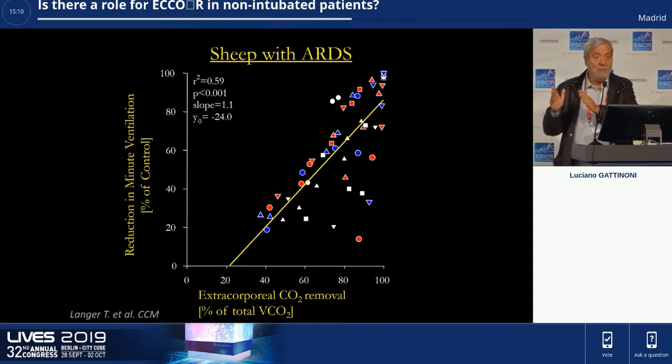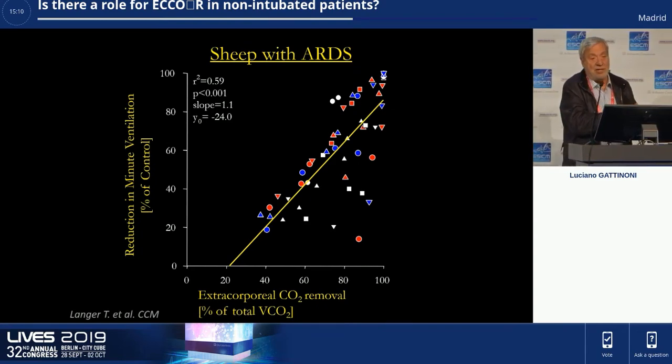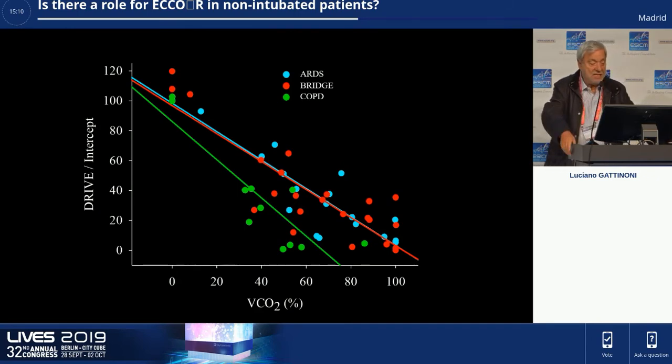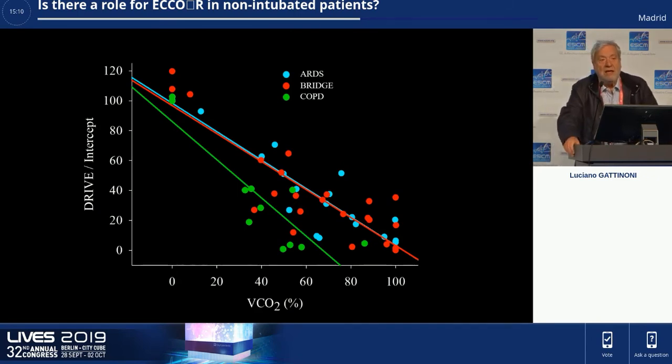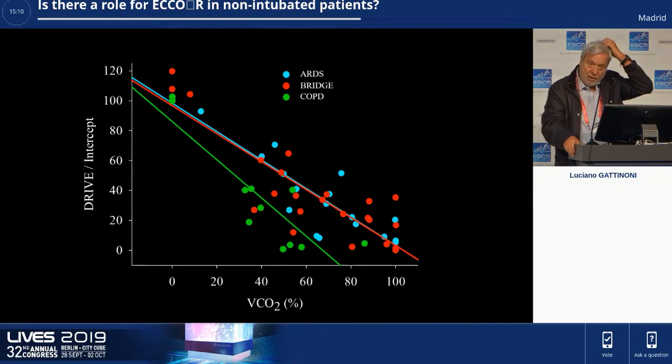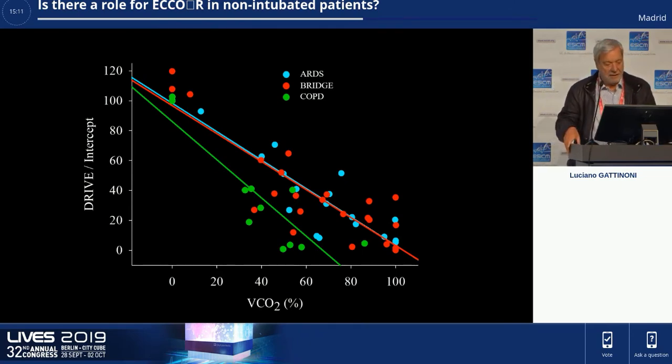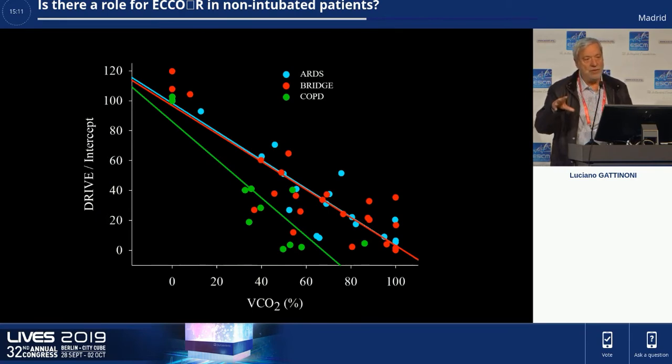Everything is moved; you still have some reduction when you have the animal with ARDS, but still the drive for breathing is tremendous. This was a first series, now we have far more, but I don't want to spend too much time on it. There are three categories of patients in which we used CO2 removal in spontaneous breathing.